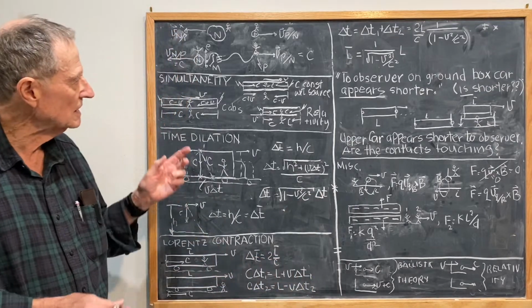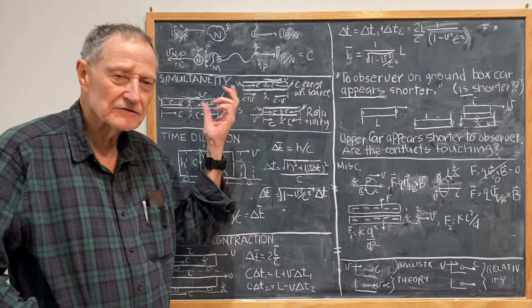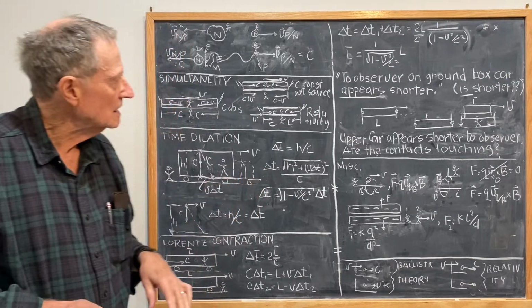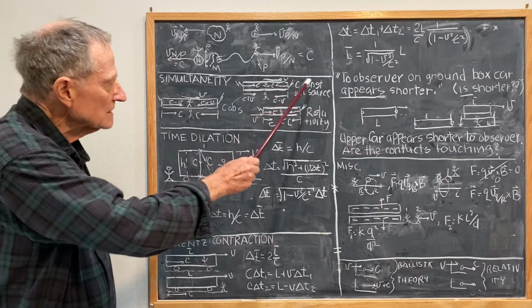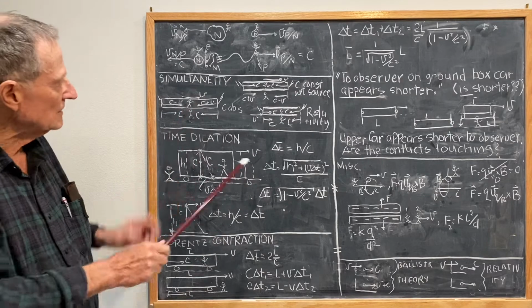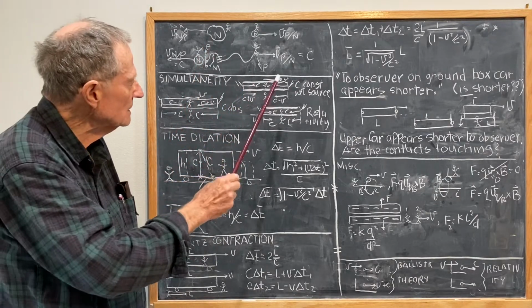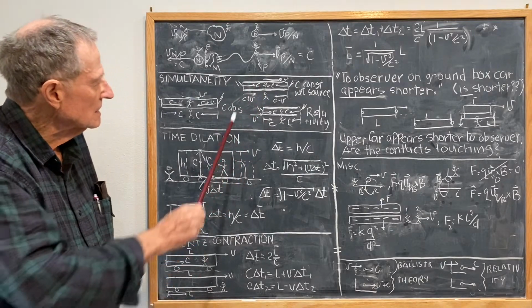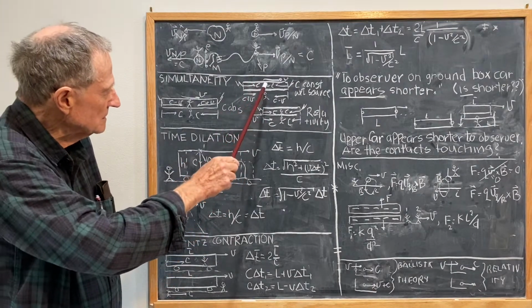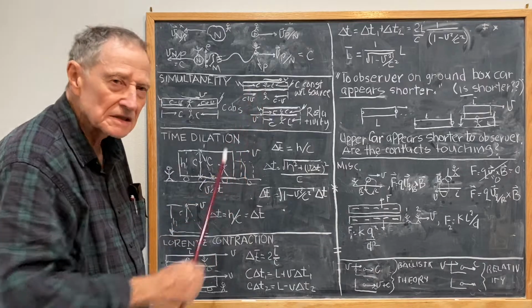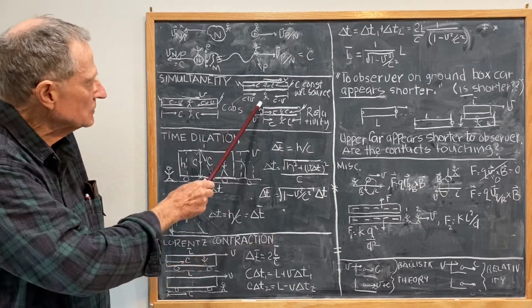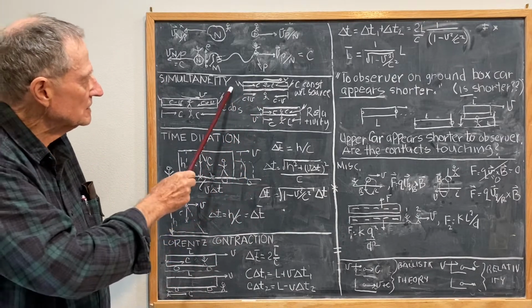So what I've done is outline three possible versions of simultaneity. For the first, if you assume that c is constant with respect to the source, I'm going to have a train. This is Einstein's train with a passenger sitting in the middle, and at some instant, the passenger is opposite a stationary observer on the ground, and lightning strikes at each end.